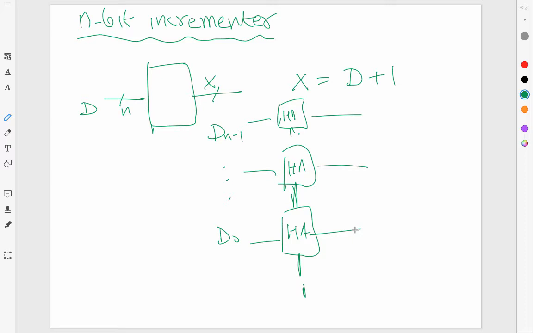Okay, so just remember. Now let's say I say multiply x by 9. So you can say 9x is equal to 8x plus x. Therefore 8x I can obtain by shifting, and then I need 1 adder.